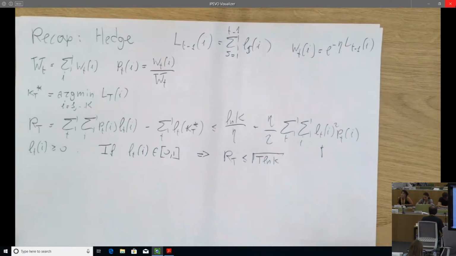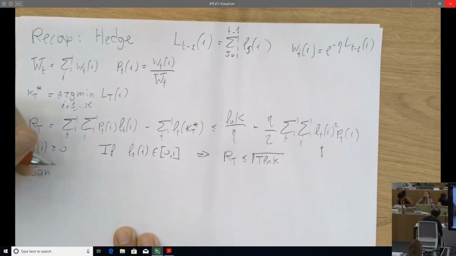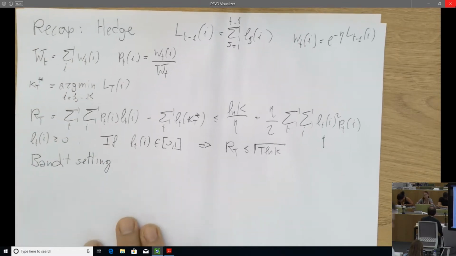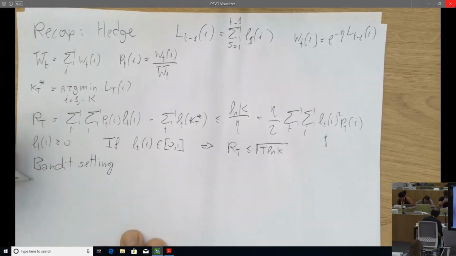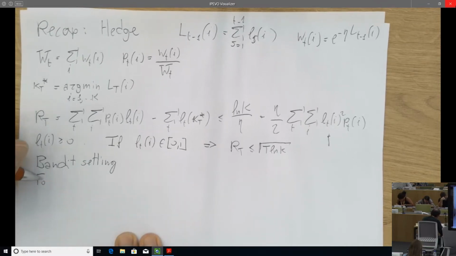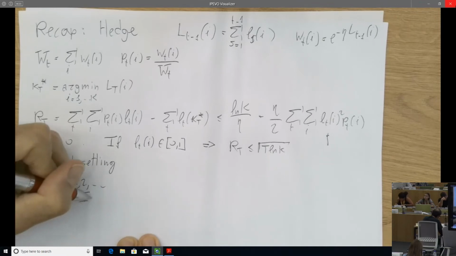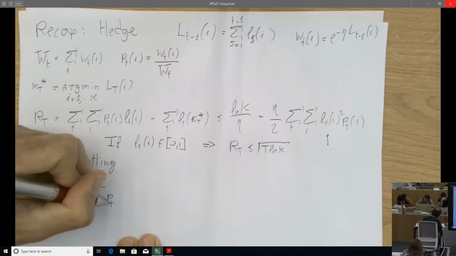So now we want to do this in the bandit setting. The bandit setting is the one for product recommendation or online advertising, which we mentioned at the end of the class yesterday. In the bandit setting, things are much harder. Let me recap how things go. We draw our action from the probability distribution.